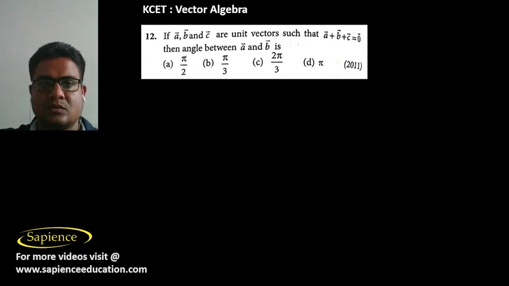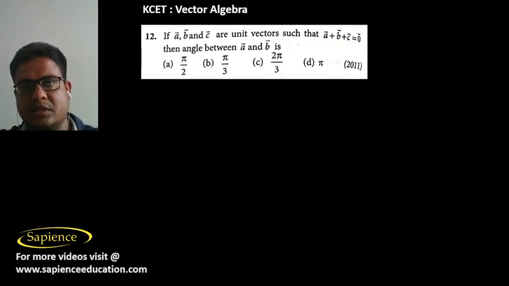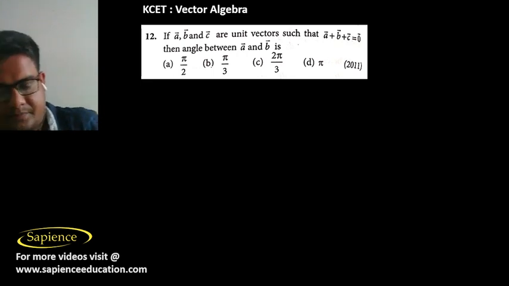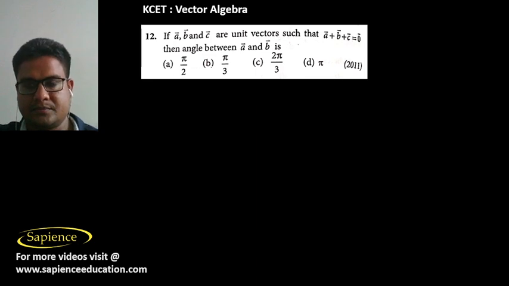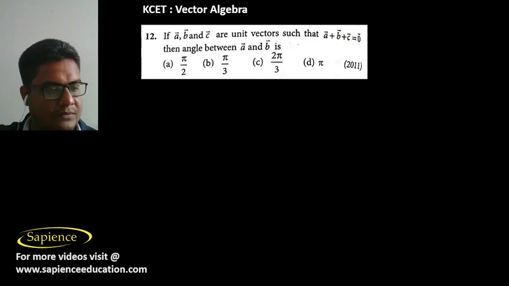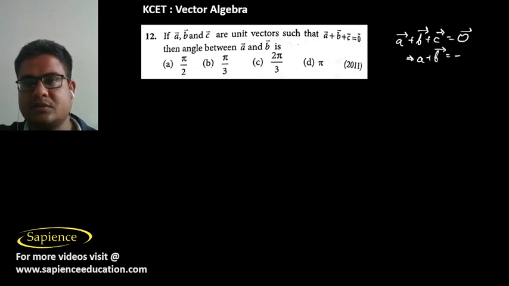Question number 12, it is told a, b and c are unit vectors such that a plus b plus c equals 0, then the angle between a and b is how much? a plus b plus c is 0, so I can say that a plus b is equal to minus c.